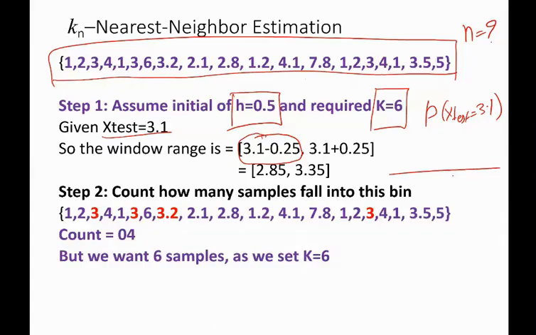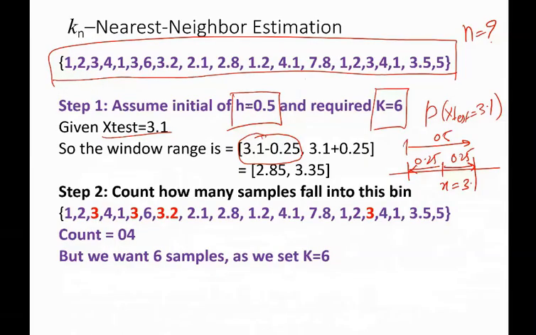Suppose this is my scale, this is my x equal to 3.1, and when I say h is 0.5, that means I am searching for the range 0.25 this side and 0.25 this side, so that total is 0.5. Okay, so you keep half on the left side and half on the right hand side.